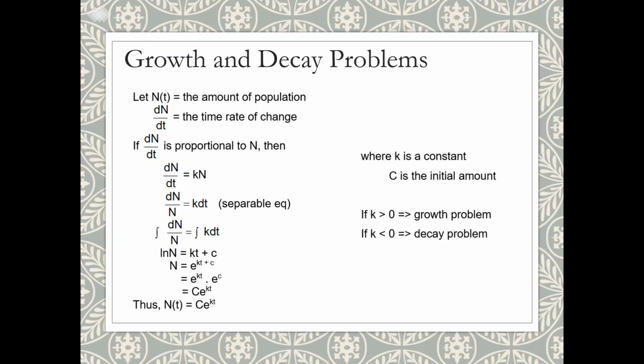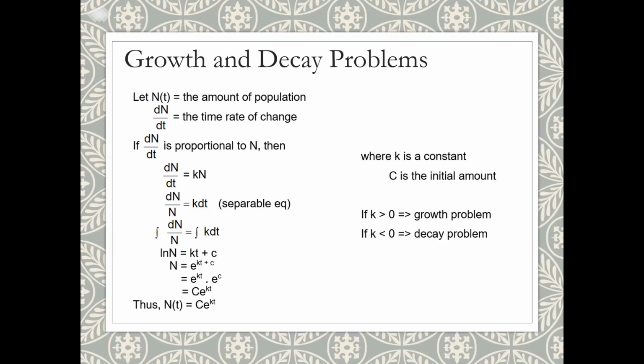Exponentiate both sides, you will get N equal to e to the power of kt plus c, which can be simplified to C e to the power of kt, in which C here is the initial amount of population and k here is the constant.